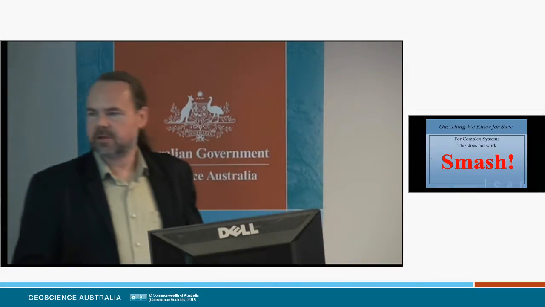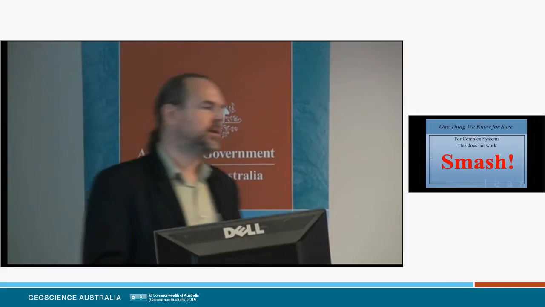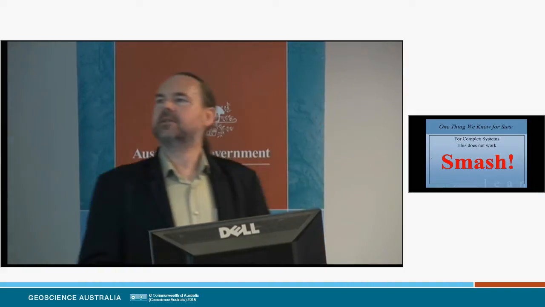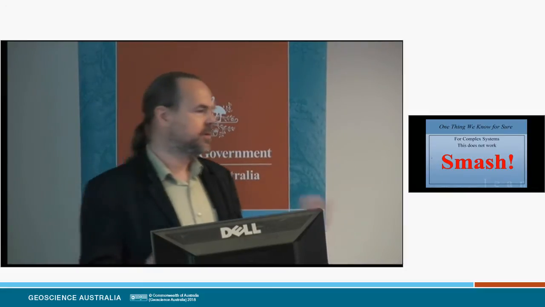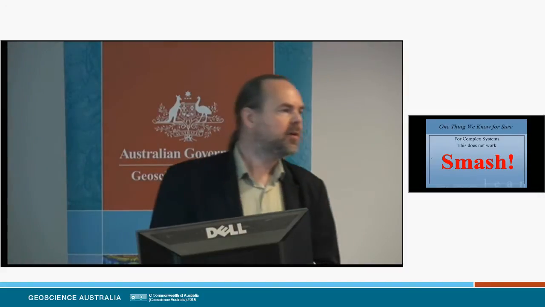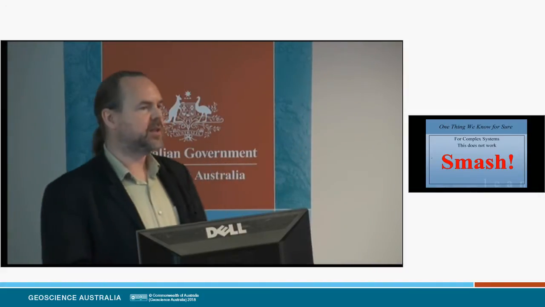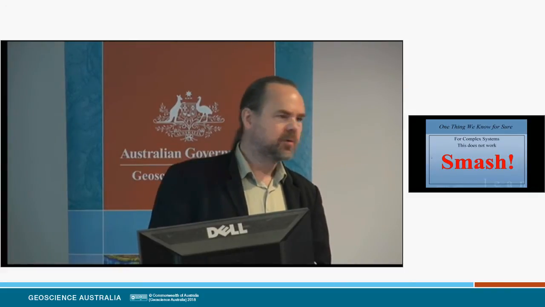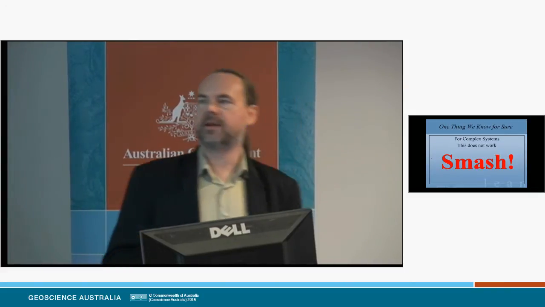And I borrowed these slides from a lean software engineering workshop I went to in December. And it talks about a complex system, like the Australian tsunami warning system, or indeed many of the things we have here. If you want to make a change to that, and if that change is big, it is very likely to cause problems or breakages.